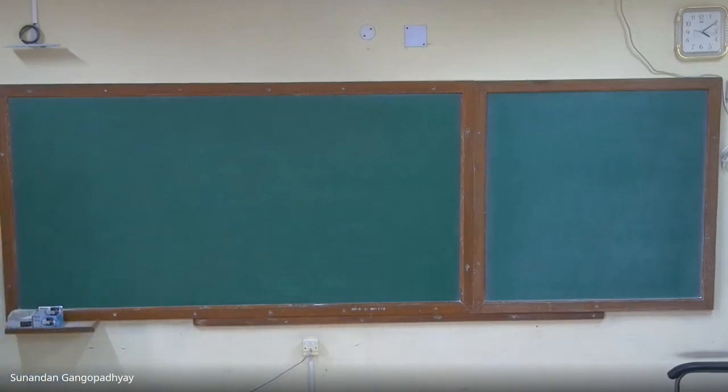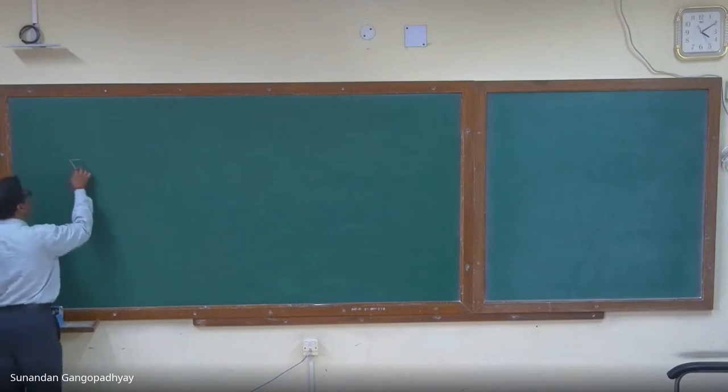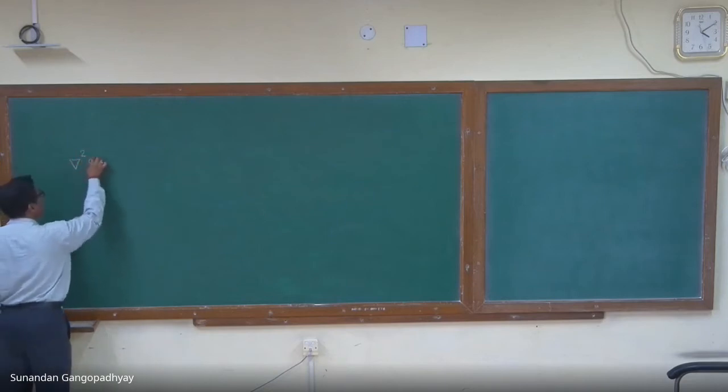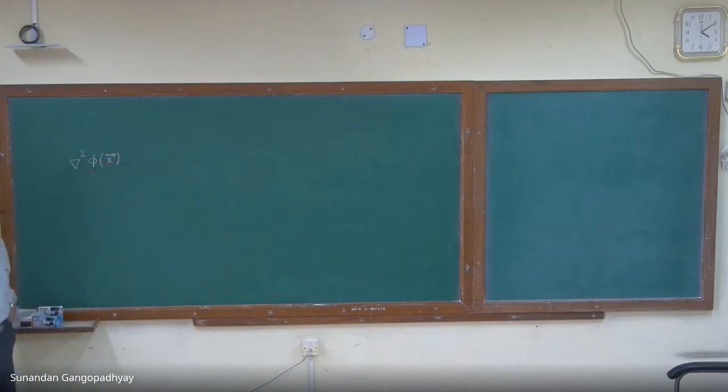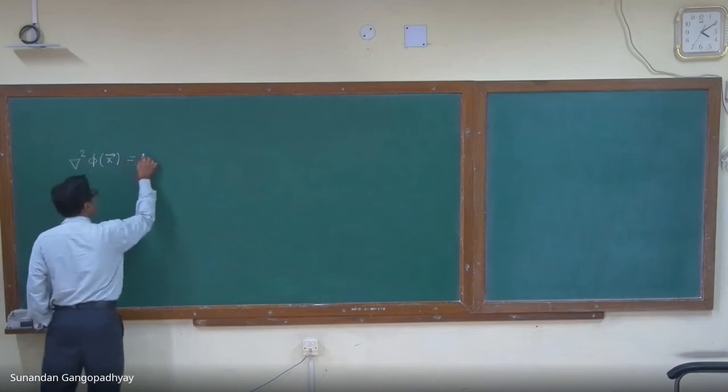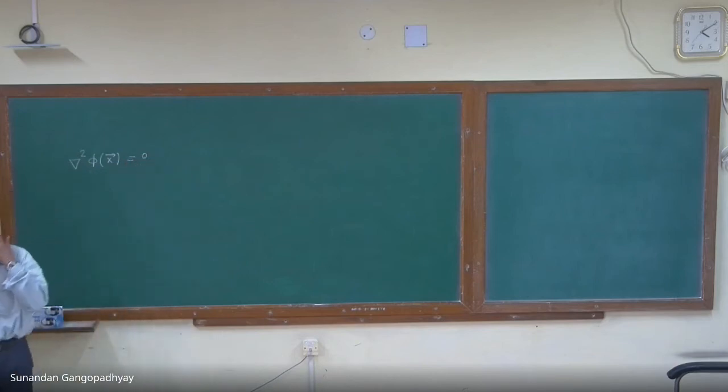So the gravitational potential phi of x satisfies the Laplace's equation. So if I call this my gravitational potential, this satisfies the Laplace's equation in regions free of any gravitational sources, masses.